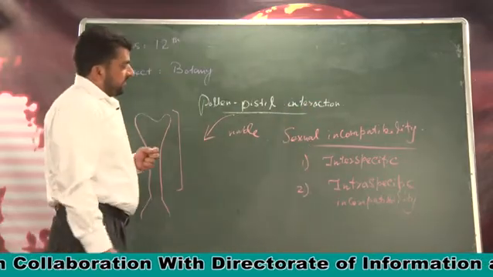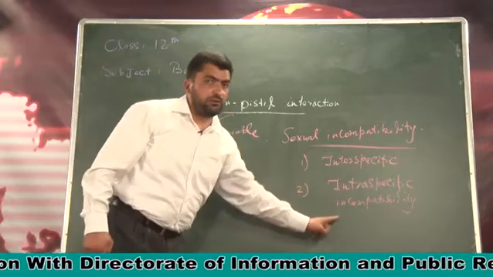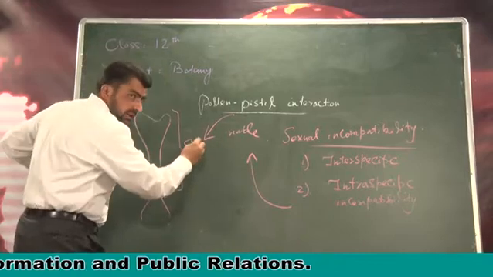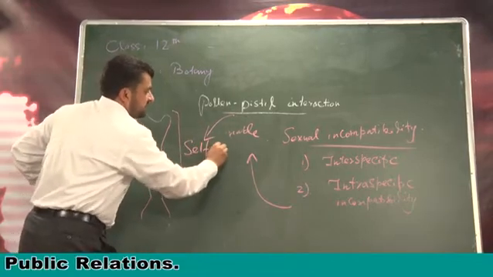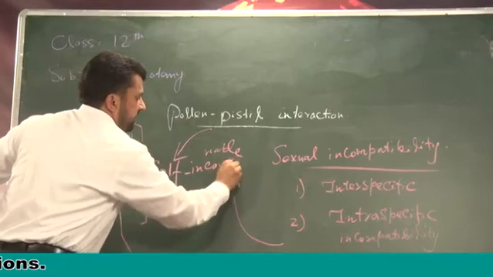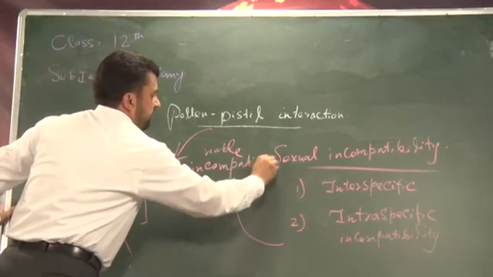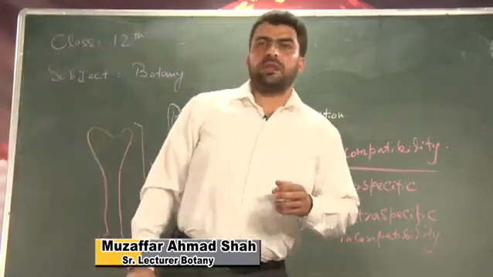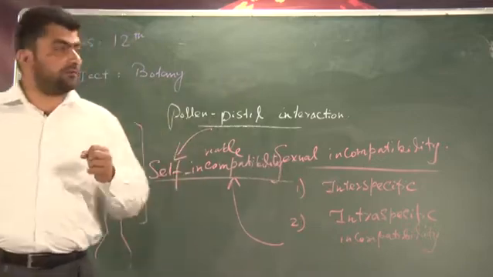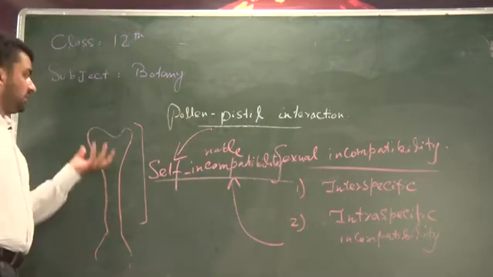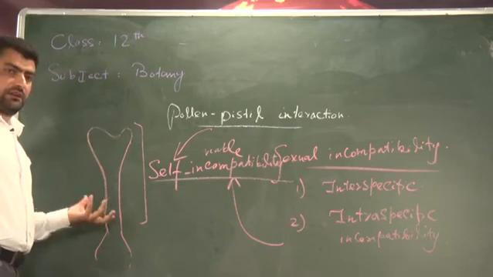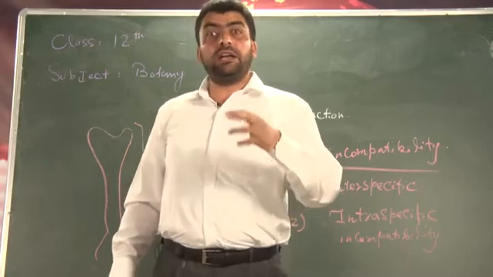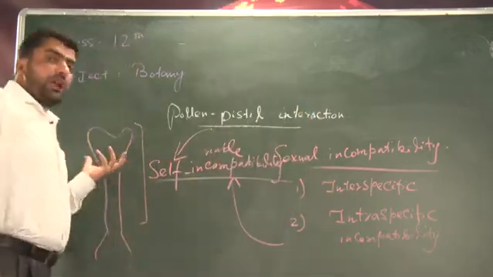Now, this intraspecific incompatibility, simply we call it also self incompatibility, and that is precisely our topic today. That means a plant with a functional pistil, producing viable and fertile pollen grains, when pollinated, is not able to set seeds.